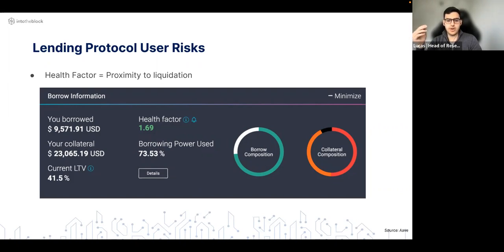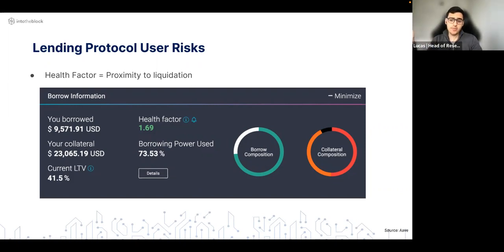It's calculated by showing the amount you borrow versus the maximum amount you can borrow. If that amount is below 1, it essentially means you've borrowed more than you can, and therefore your collateral is liquidated and you lose part of it. And if not, your position is healthy and you can still be fine without risking anything.